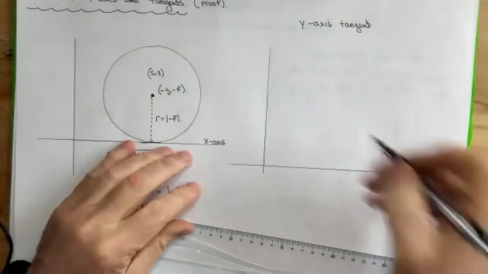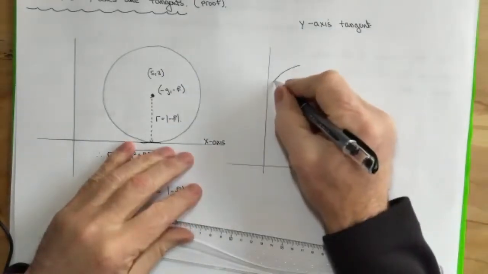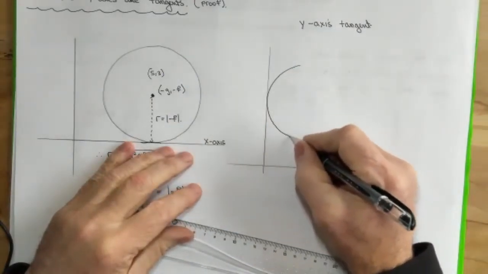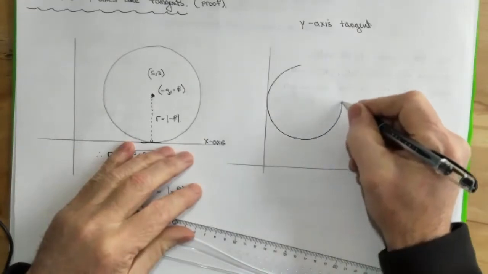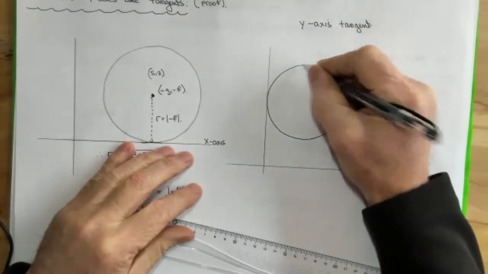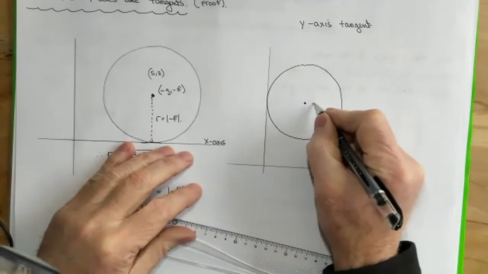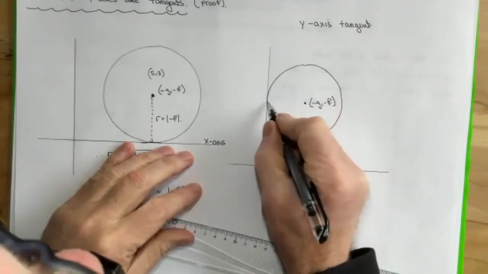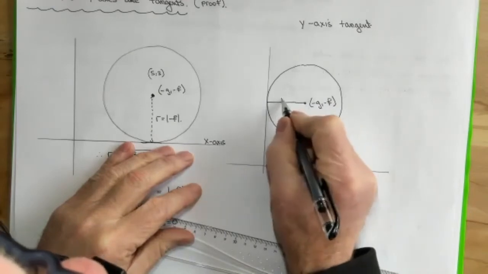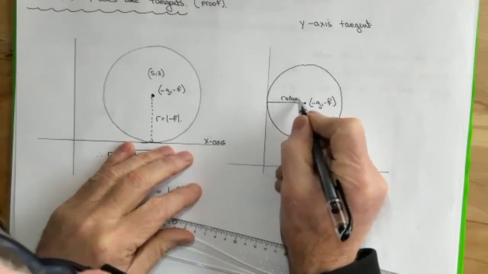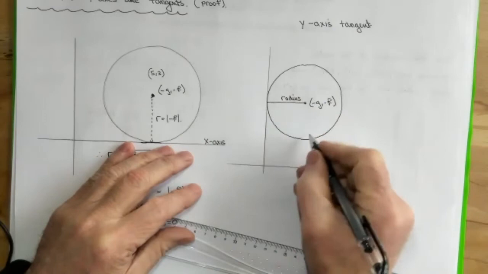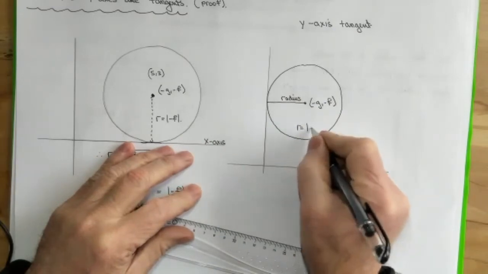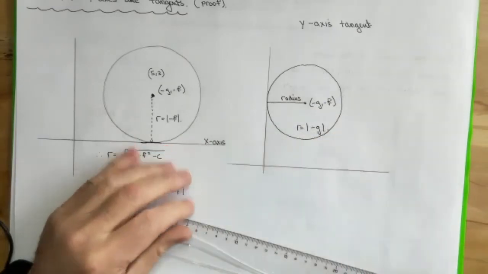Y-axis is a tangent. Center of the circle, the minus g, minus f. And that there is the radius. In this case, the radius is equal to the length of minus g.